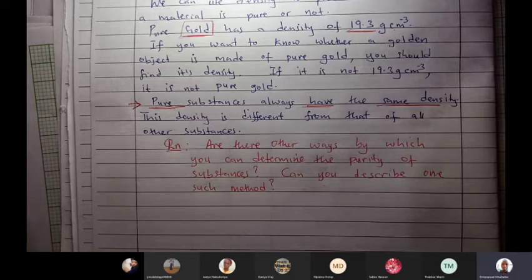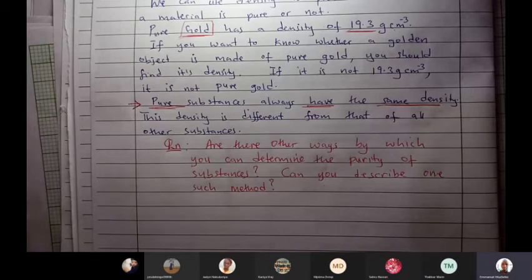Will it boil at a higher temperature or at a lower temperature? It will boil at a higher temperature. Very good, because of the impurities. So maybe 110 degrees. Yeah, even more.